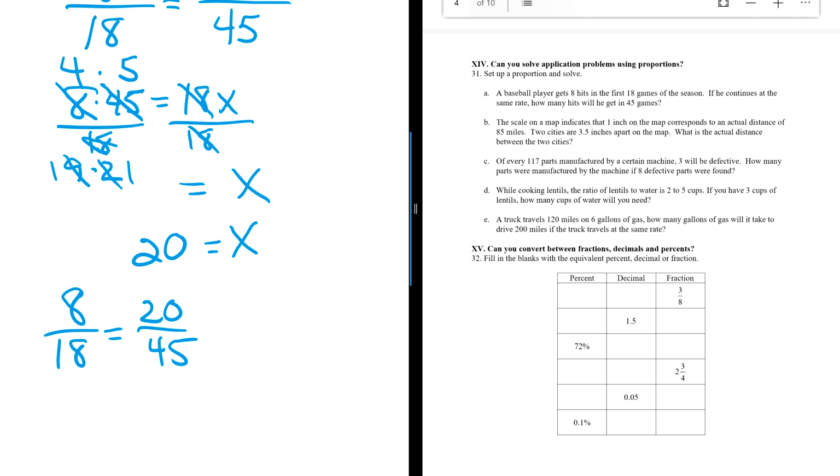That gives me 360, equals 18 times 20. And I can see that 18 times 20 is 360. So that means these two are proportioned correctly. They're equal to each other. So I know this 20 is correct.